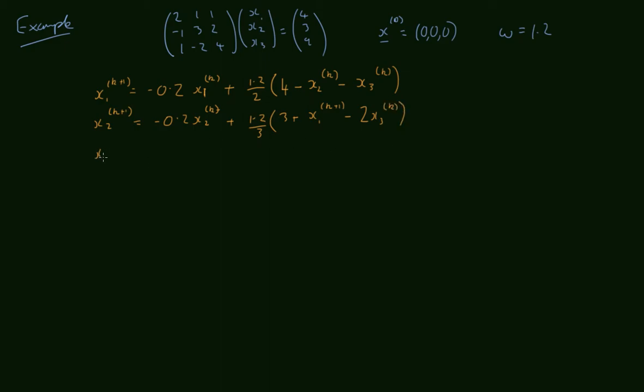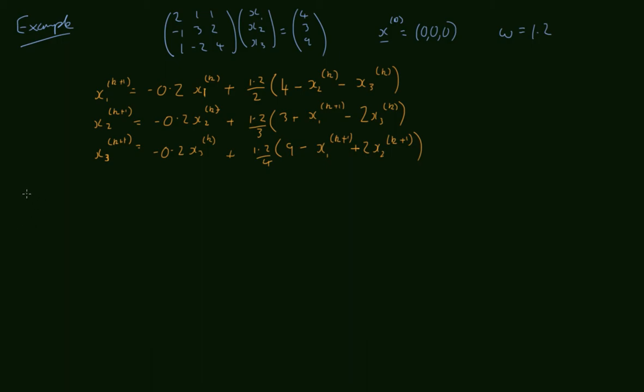And finally, for x3, our new estimate is still minus 0.2 times the current x3 plus omega, which is still 1.2 over 4, and that's 9 minus our new value of x1 plus 2 times our new value of x2. Okay, so that's our SOR method.